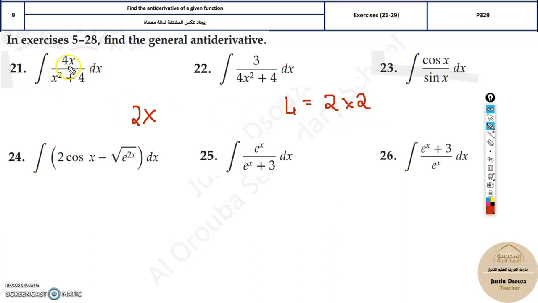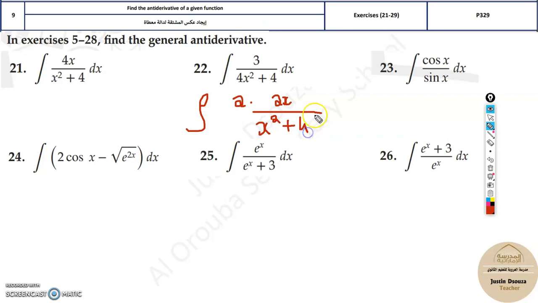All you need to do is split this 4, make it 2 into 2x. I'll write it clearly. All I'm doing is splitting this integral to separate, multiplied by 2x. If I multiply this inside, it's the same 4. So I'm just manipulating the numbers, but I've not done anything wrong. Now what do I do? Divided by x squared plus 4.